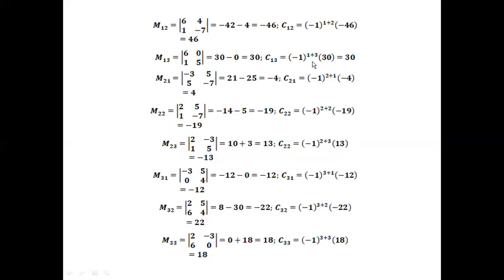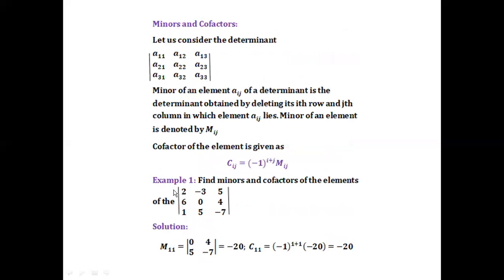So plus 1 into 30 is equal to 30. Similarly, M21 is the minor of the element present in the second row and first column.